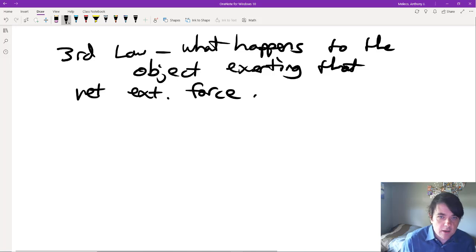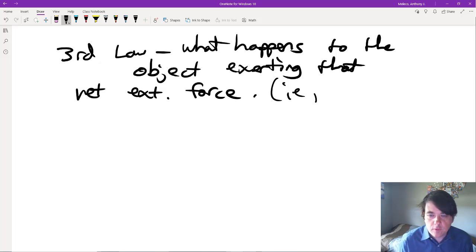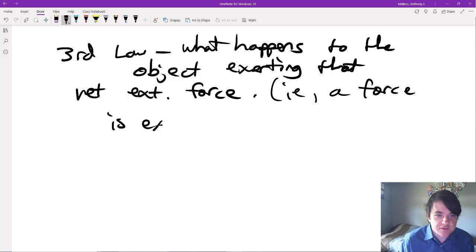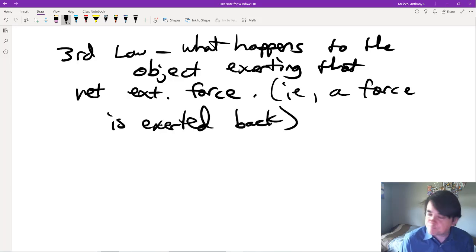It's the result of what happens to that object. So if it exerts a force, it gets a force back, i.e. a force is exerted back.